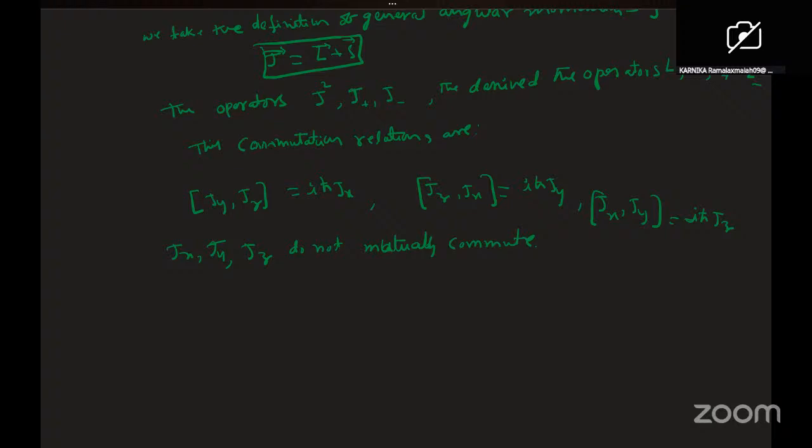The square of the angular momentum is a scalar operator, hence it commutes with jx, jy and jz. That is, J square is equal to jx square plus jy square plus jz square.